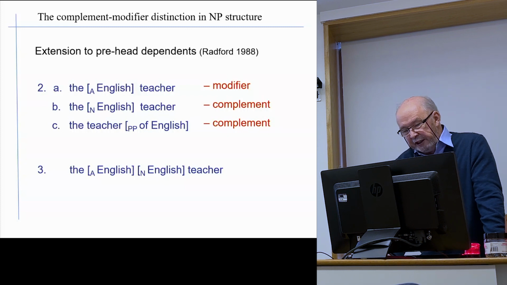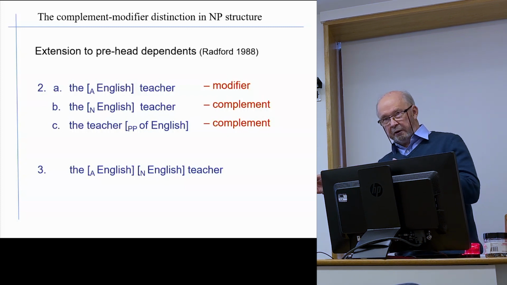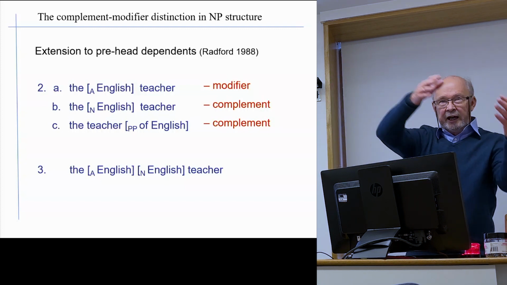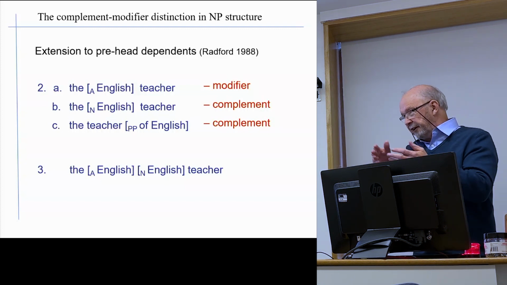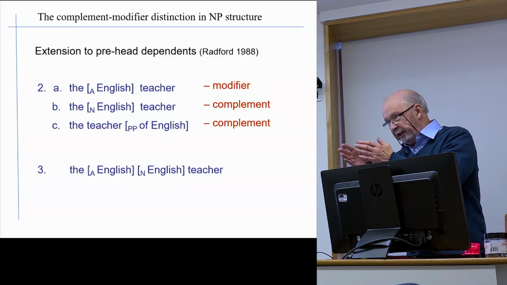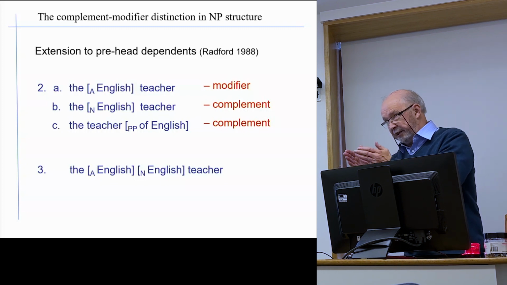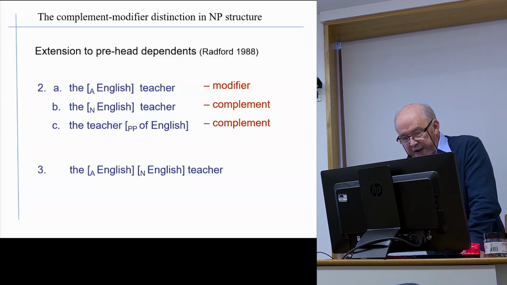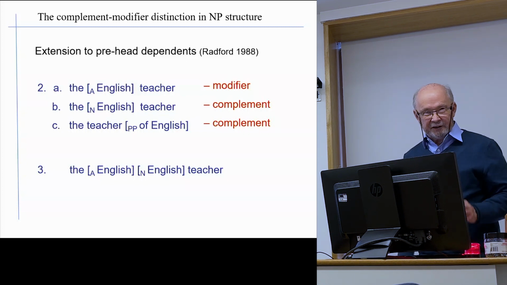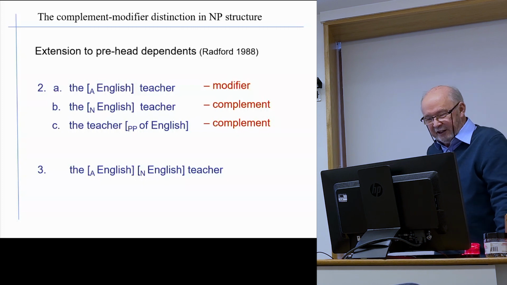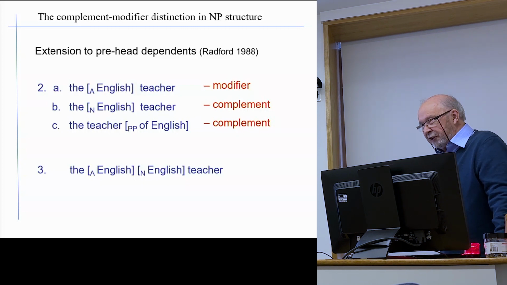And there was this sort of idea that if you had something like a complement prepositional phrase and you had a corresponding pre-head noun, then that would be a complement, but pre-head. And then we get things like the English teacher. These are sort of famous examples from that era, where the English which is closest to the head teacher has to be basically the subject taught, and the one before it is the nationality, or so it's said.